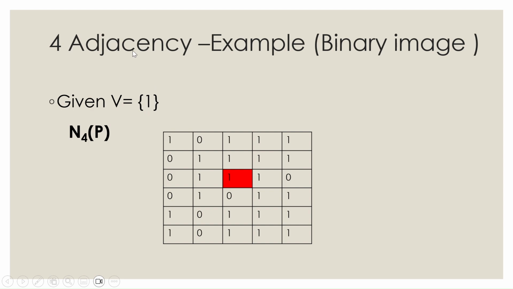Now for our 4 adjacency, we have to take N4 of P, that is 4 neighbors of the pixel. Now let us consider this as the reference pixel P, which is marked in red. So then we have to consider the 4 neighbors of this particular pixel.